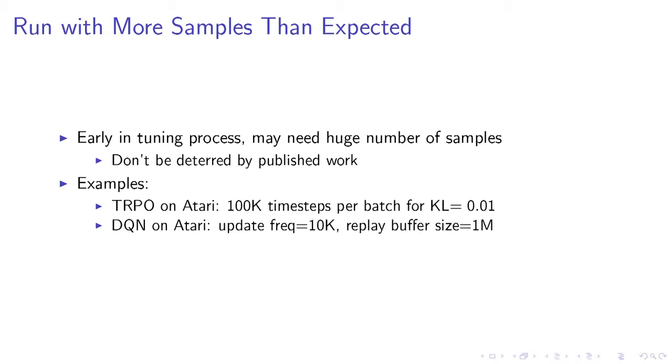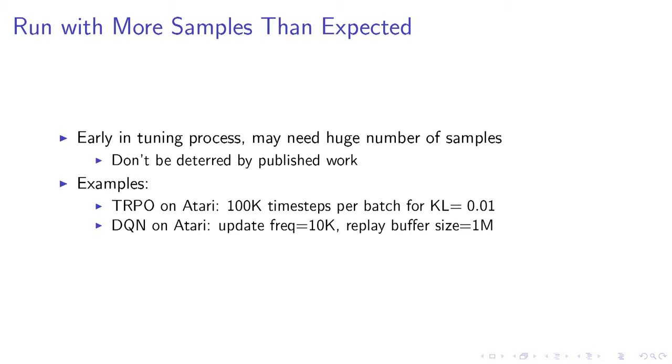Another thing to do, which people often get tripped up on, especially when they're trying to reproduce published work: you implement the algorithm based on the paper, and then it doesn't really learn anything at all. Then you think, oh, maybe my code is wrong, or what happened?